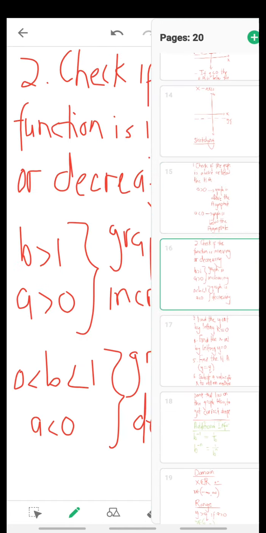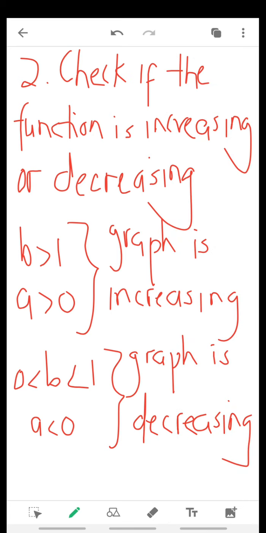And then the next one is you must check if the function is increasing or is decreasing. Obviously, that is by checking the value of b. If b is a fraction, what happens? If b is not a fraction, what happens? So in this case, b is not a fraction, and the graph will be an increasing function. Then, if b is a fraction, you see that, then the graph will be a decreasing function.